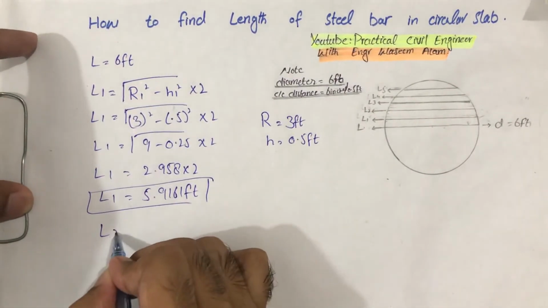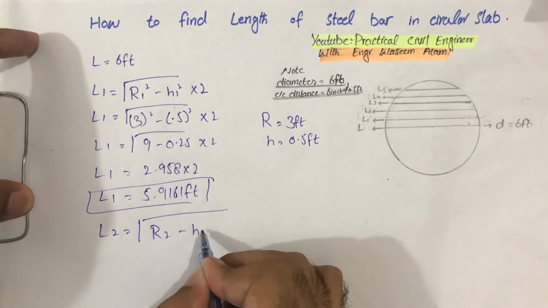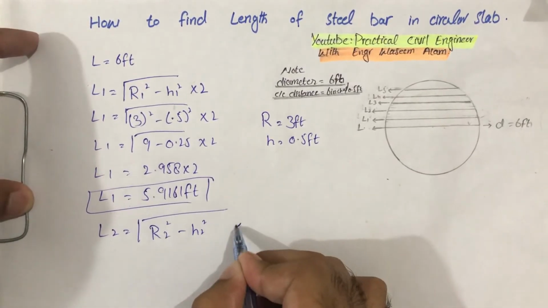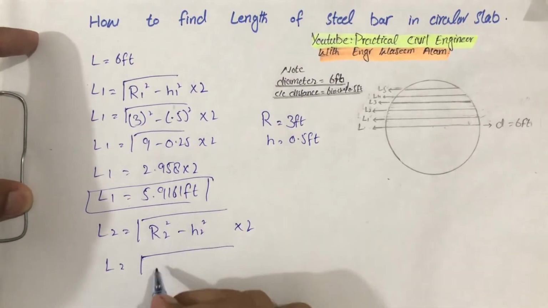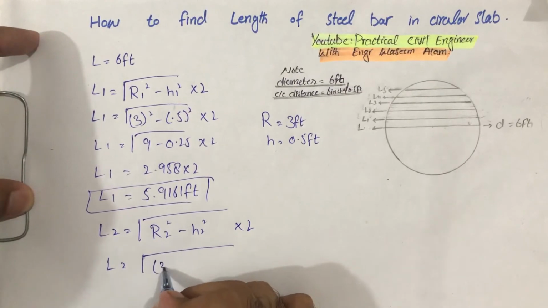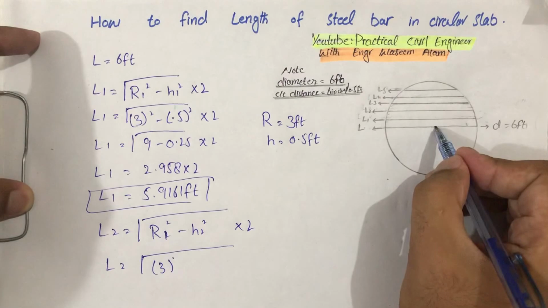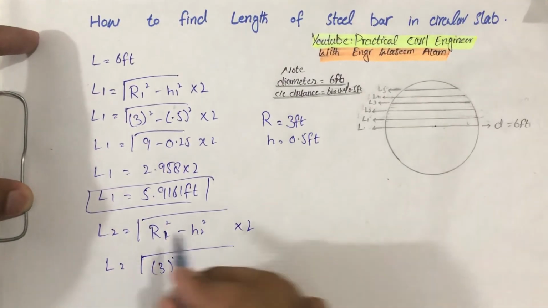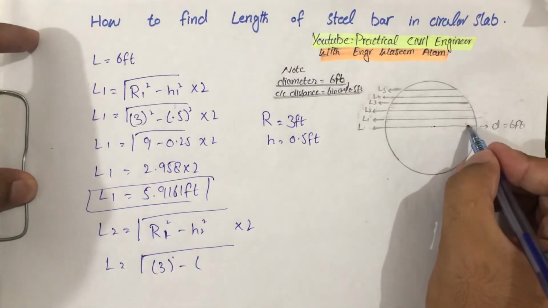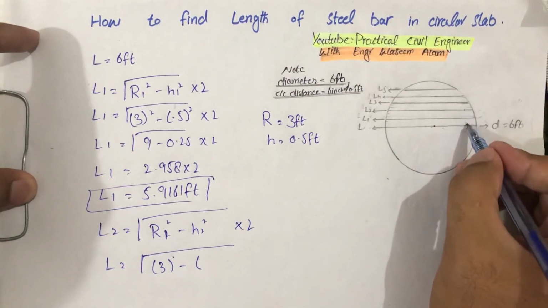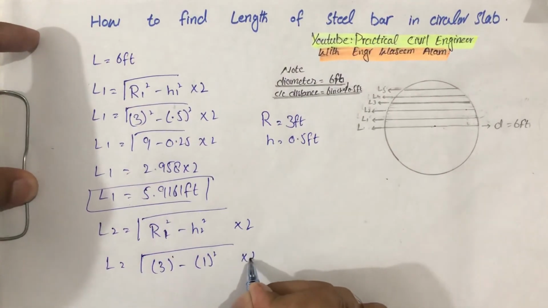So L2 is equal to root of R square minus H2 square, multiplied by 2. R is the same, which will be R1, because we just suppose this is the center. So for that we have to take R minus the center to center distance, for L2 that is 1 foot, multiply by 2.